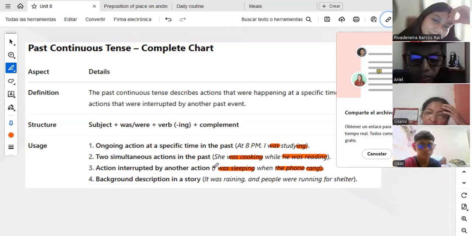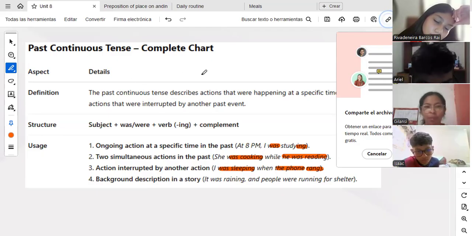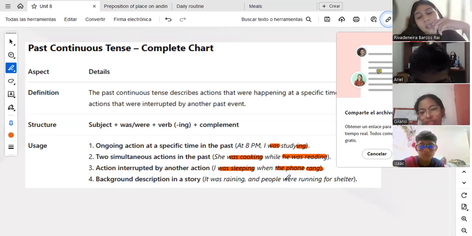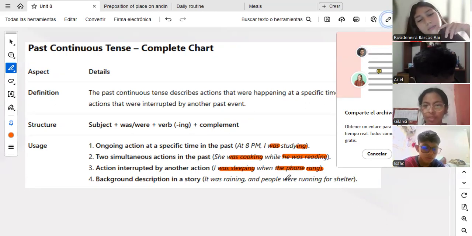Hay dos tiempos, o sea, es así. En el punto 3, en general estamos hablando de pasado progresivo, ¿cierto? Algo que sucedió en el pasado, que se estaba desarrollando, no ha terminado. Pasado simple, decimos algo que ya terminó. Pasado progresivo, estamos hablando del pasado, pero contando algo que estaba sucediendo, ¿cierto? Entonces acá tenemos dos acciones.